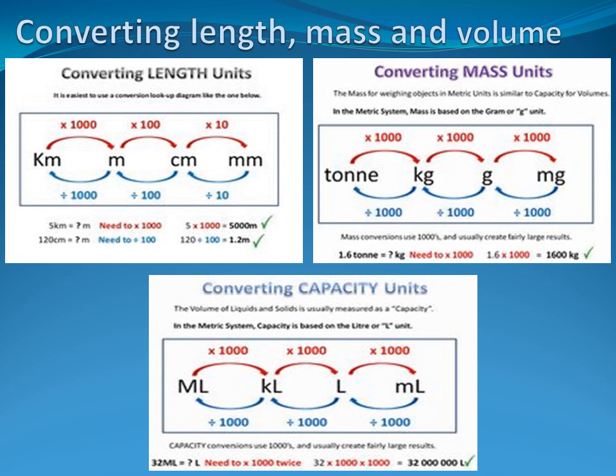For example, if my pencil has a length of 5 centimeters, how many millimeters will it be? Centimeters is bigger than millimeters, and from the conversion chart here you can see that if you're converting from a bigger unit to a smaller unit, you have to multiply.